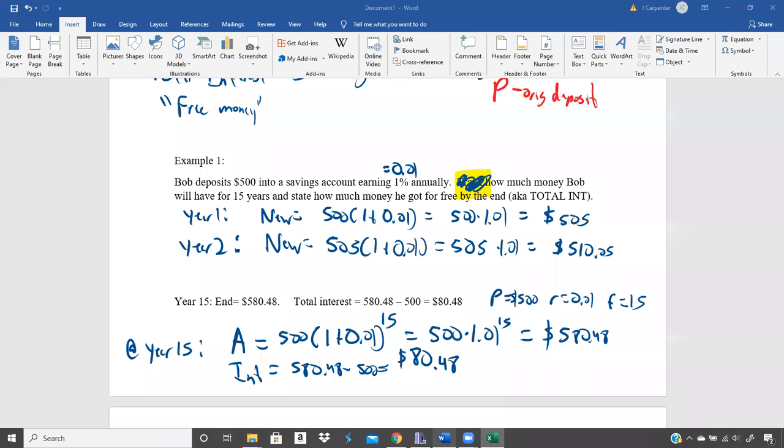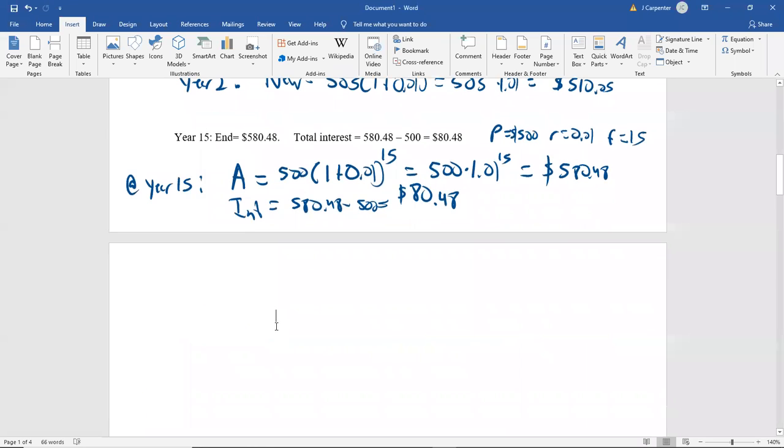All right, now let's finally get to another problem. Example 2. Jane deposits $5,000 into an online savings account that earns 2.5% interest annually.